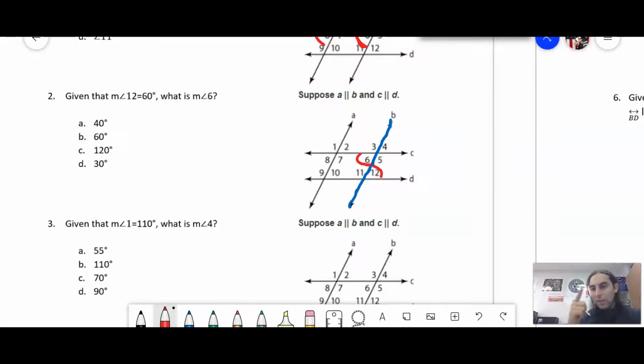I want you to see that 6 and 12 are on alternate sides of the transversal, and they're between, or inside, the parallel lines, C and D. That's called interior. Alternate interior. Now what we know is that alternate interiors are congruent.